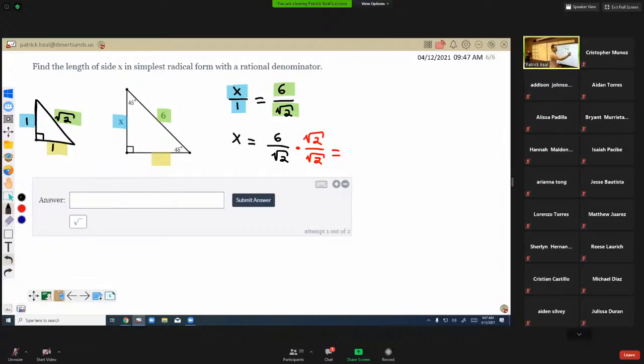Just to be very clear, this is not the square root of 12, because the 6 is not under a square root. It's just 6 times the square root of 2. That's it.